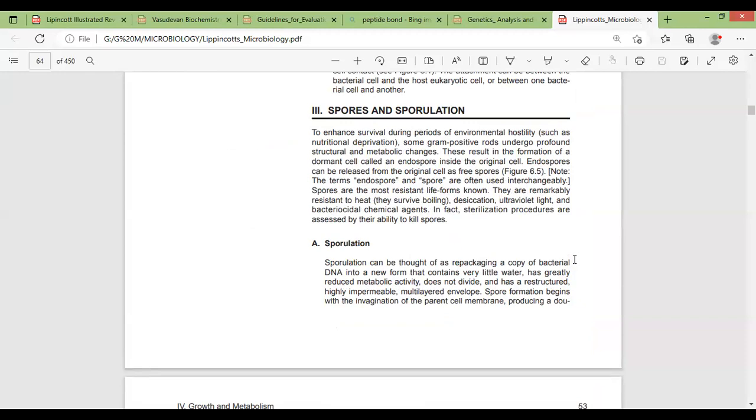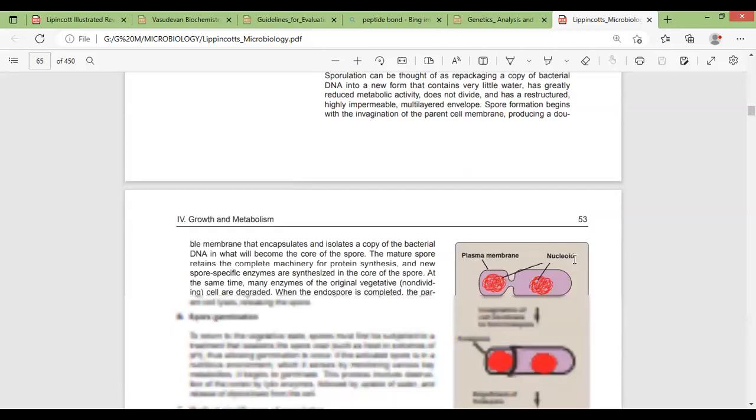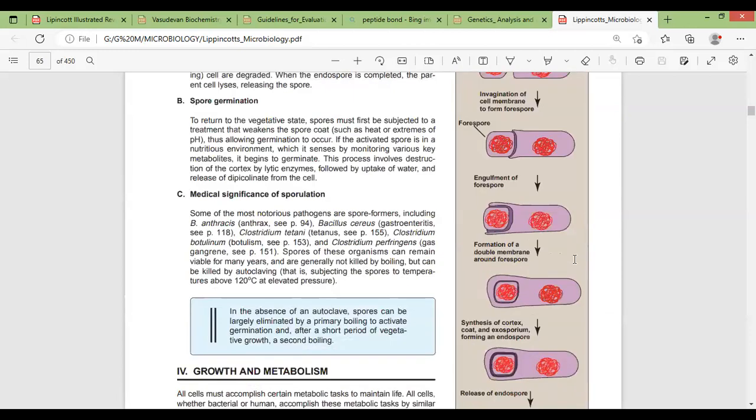It's a survival mechanism for the bacteria, but very specific bacteria, especially the Clostridium family is one, and the other one is Bacillus cereus that causes gastroenteritis, things that form spores.